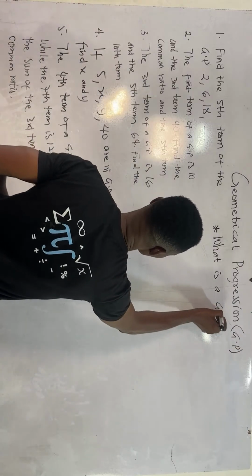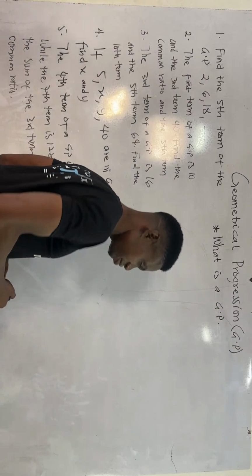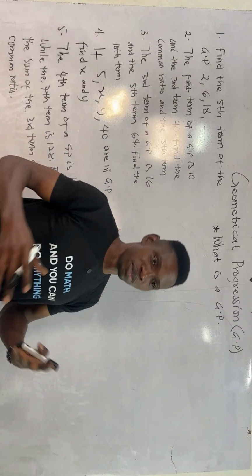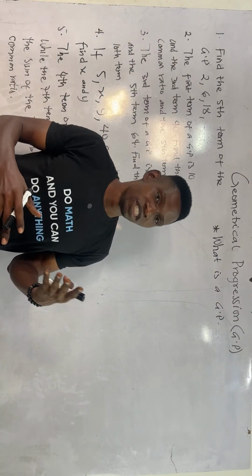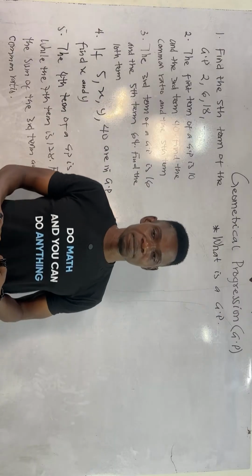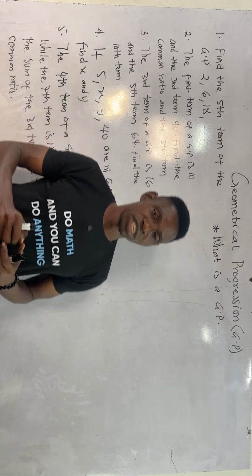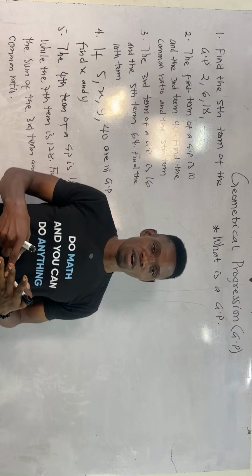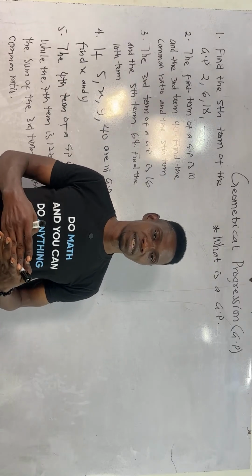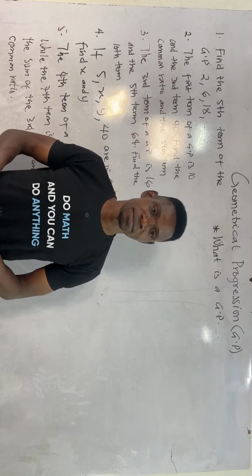So what is a GP? For those of you writing, put it down this way. A geometrical progression, or GP, is one in which the ratio of any two consecutive terms is a constant.